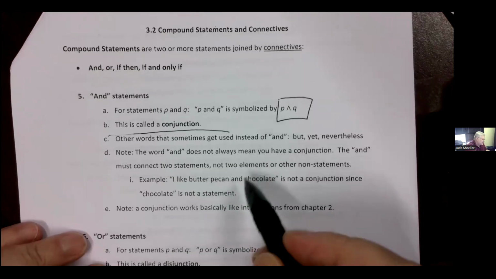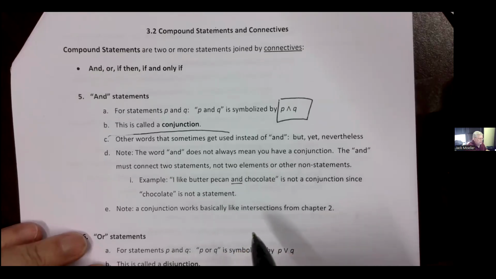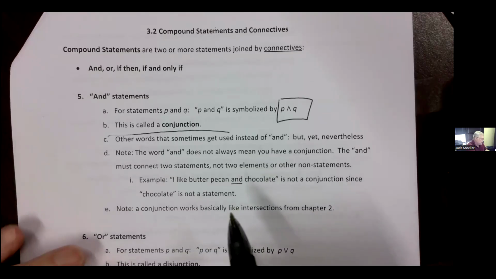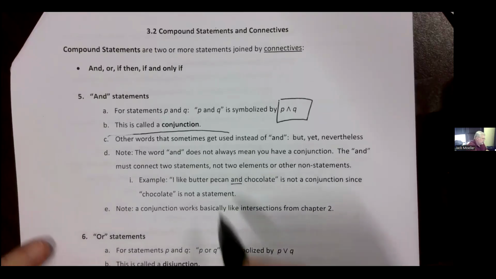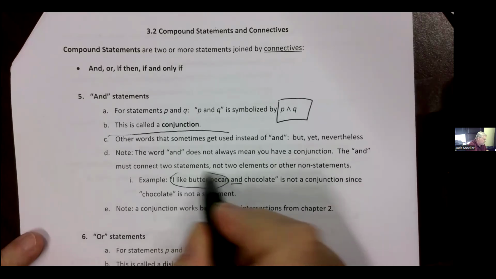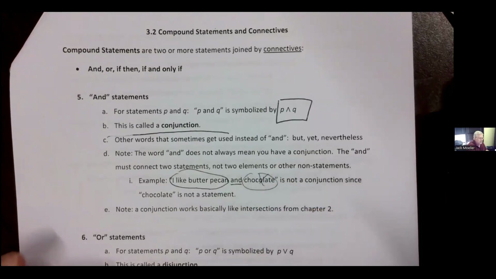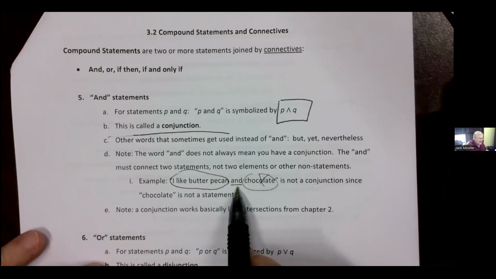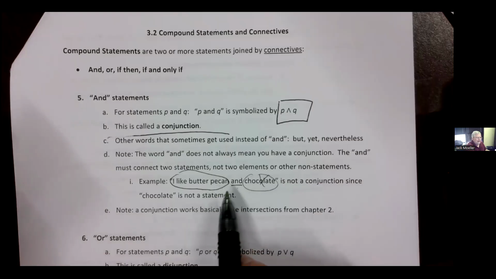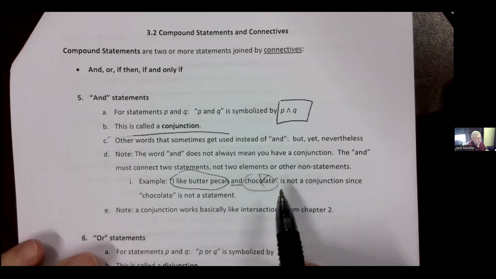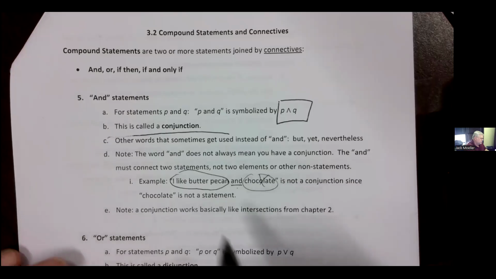This and is not a connective in logic because it has to be two statements. "I like butter pecan" is a statement, but "chocolate" is not a statement. So even though there's an and, it doesn't mean we have a conjunction. You'd have to say, "I like peanut butter and I like chocolate." Then you would have two statements, and that would be a connective.